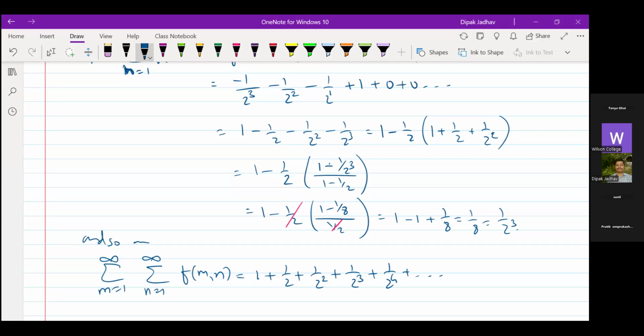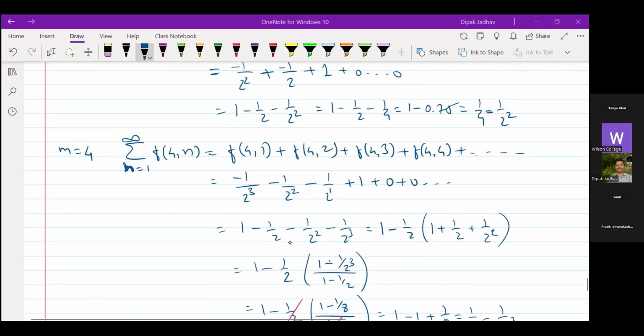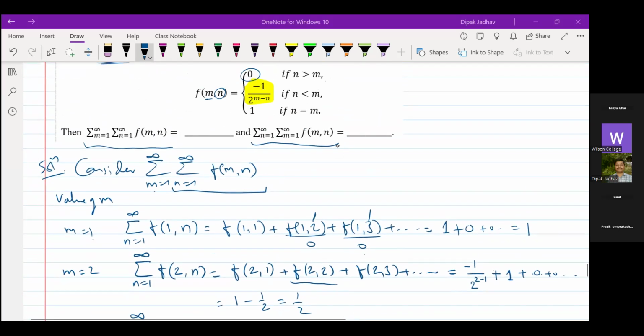So this is again a geometric progression. Where does it converge? 1 upon 1 minus half. That's 2. Do you agree with this? Yes, sir. Yes. Okay, good. Similarly, in a similar fashion, we can figure out the second sum.